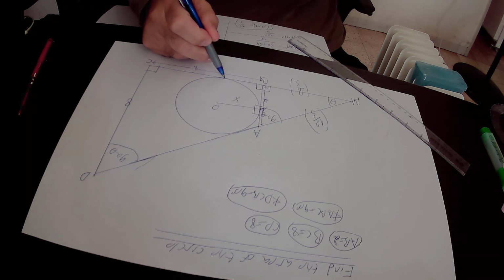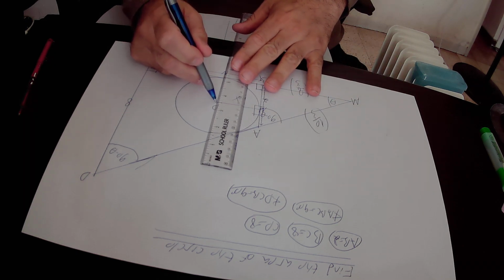Likewise, tangent BC is tangent to this circle at this point. We'll define the point of tangency as N. We'll join points O and N together by a straight line.